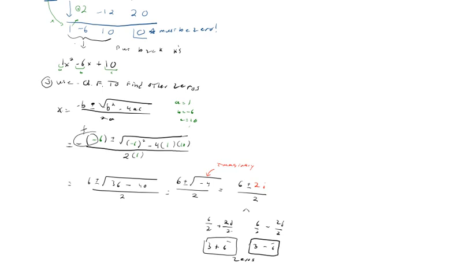One was 3 plus i, and the other was 3 minus i. And those are the three zeros that I have from this equation. The three zeros of this equation are these three right here, found by doing these tools here.